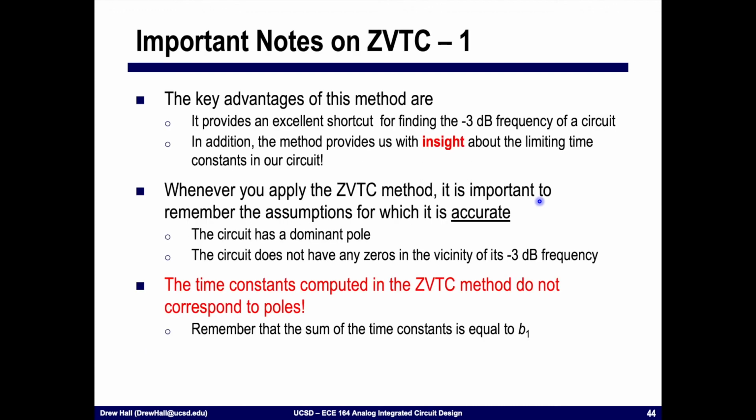All right, so why do we like this? What are some of the advantages? Well, one, this is a really straightforward way to find the 3 dB frequency of a circuit. On a few slides with very few calculations, we were able to very quickly calculate the bandwidth of the circuit, whereas if we did the full nodal analysis of this, it was quite an exhaustive approach. More importantly, and where I think the true power of this technique lies, we can figure out what knobs to turn if we wanted to increase the bandwidth.